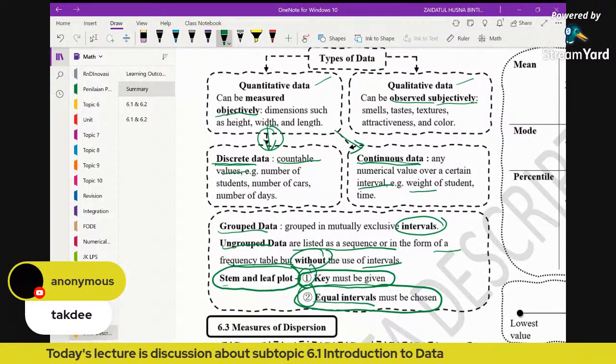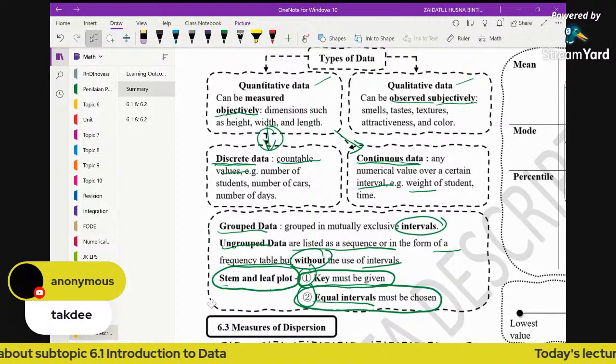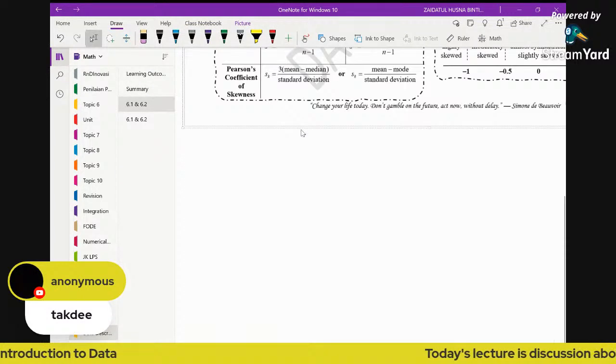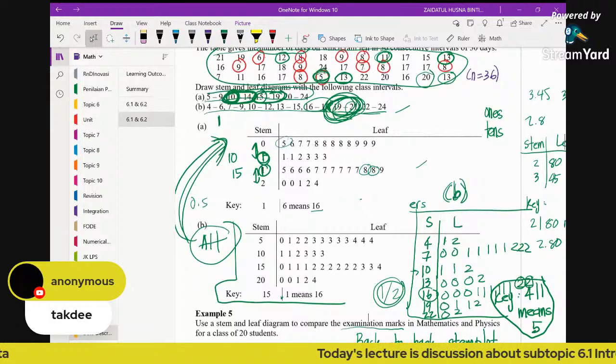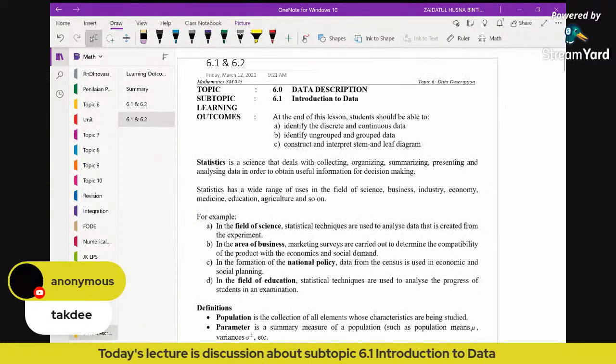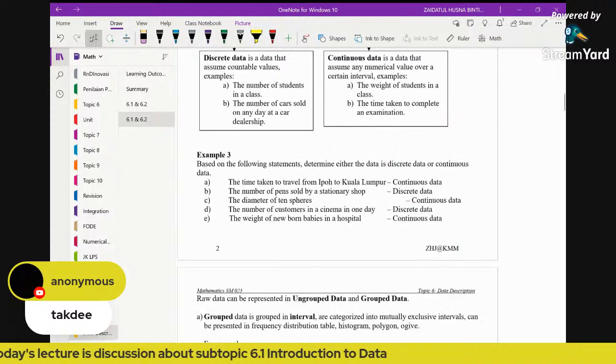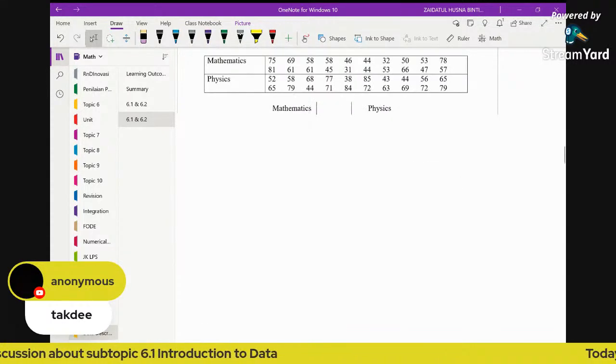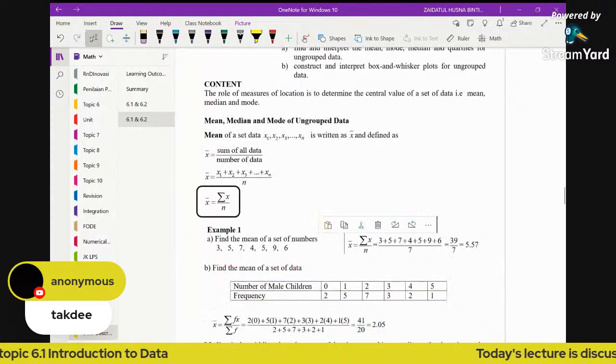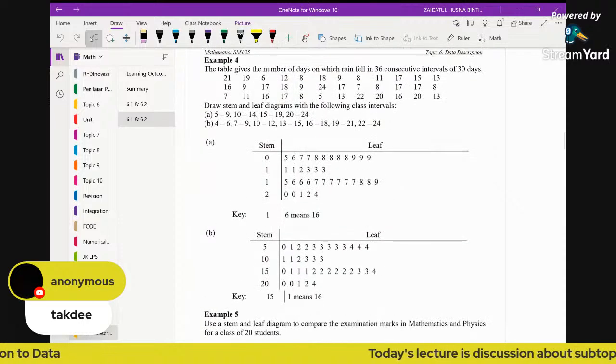Equal intervals doesn't have to be between the stems. The equal interval means it's not about the stem values, but the equal intervals is with these intervals itself.